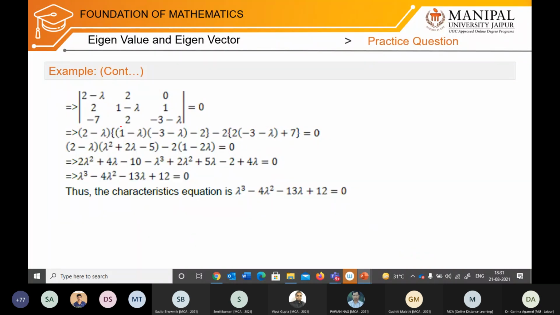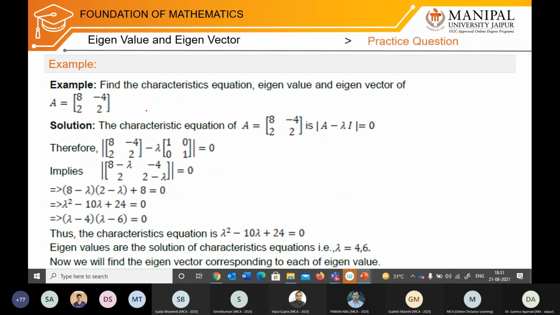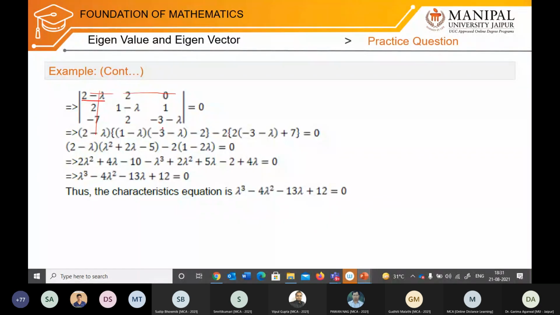Then we'll solve this determinant. For 2 minus lambda, we hide this row and column and write the remaining elements. Then for 2 we'll hide this row and column and write the remaining elements, and for this 0 it is 0.